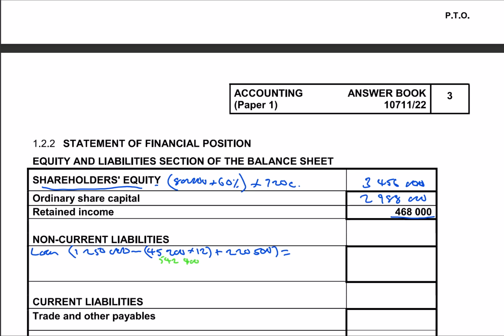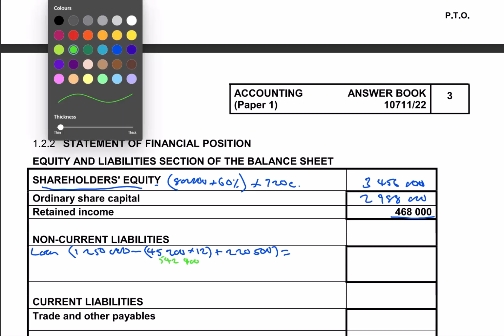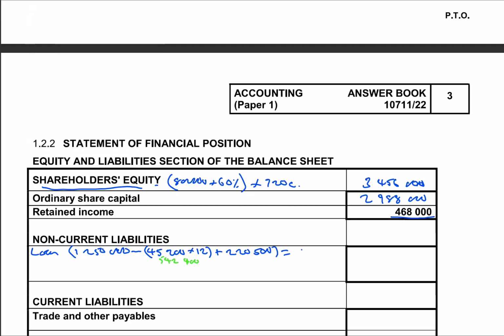Right, so 1,250,000 minus 542,400 plus 220,500. So this will give you 928,100.